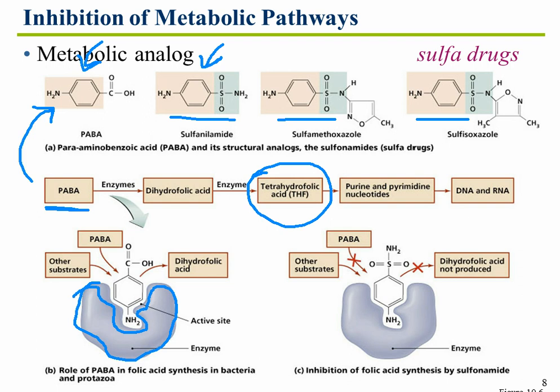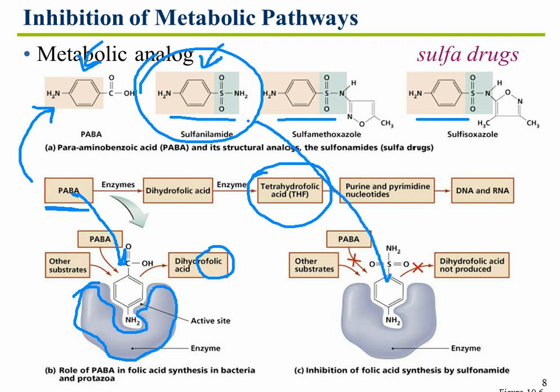And this enzyme is using PABA to make folic acid in order for the cell to make DNA and RNA. If there is one of the sulfa drugs present, it will be picked up instead of PABA. The enzyme, of course, is blocked. This is a competitive inhibitor.